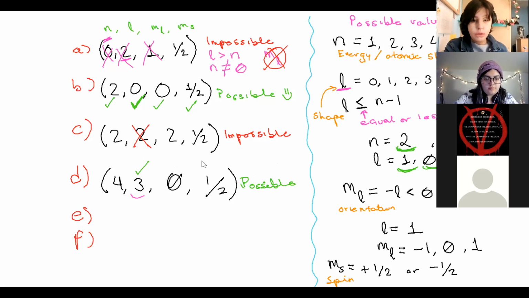Brianna says yes. All right. Yes, so it is. So 0 is one of the possible numbers, and we have negative 1/2, positive 1/2. So this one's definitely possible. So this whole configuration is Gucci.